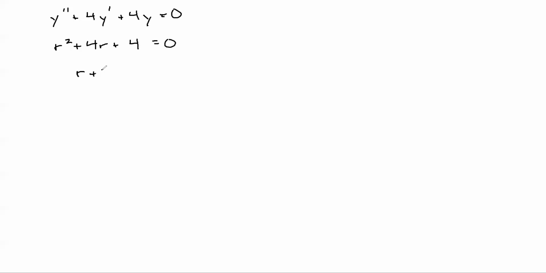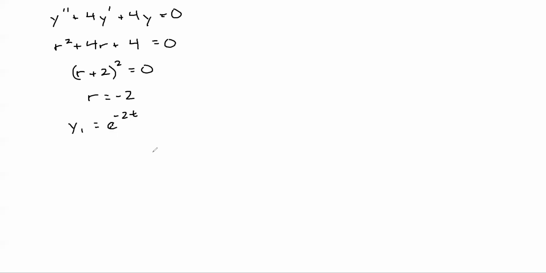You could factor this: r plus 2 squared equals 0. And so we get r equals negative 2. So we know that one of the solutions is e to the negative 2t. You could check that if you'd like: plug it back in, and it's going to work. We showed that in the first section, when we discussed the characteristic equation.